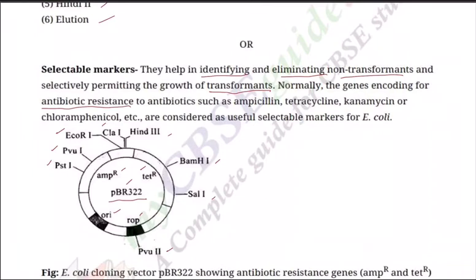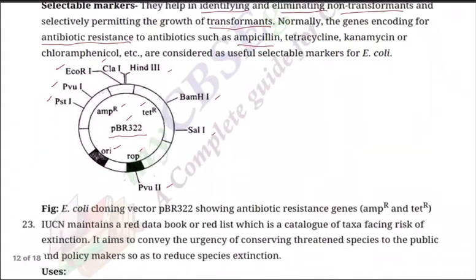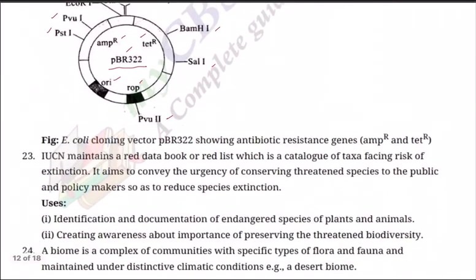Normally, the genes encoding for resistance to antibiotics such as ampicillin, that's why we said ampR, tetracycline, tetR, kanamycin or chloramphenicol, etc. are considered as useful selectable markers for E. coli. So here you can see the E. coli cloning vector pBR322 showing antibiotic resistance genes ampR and tetR.